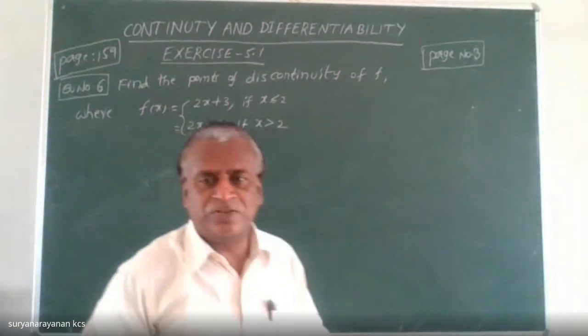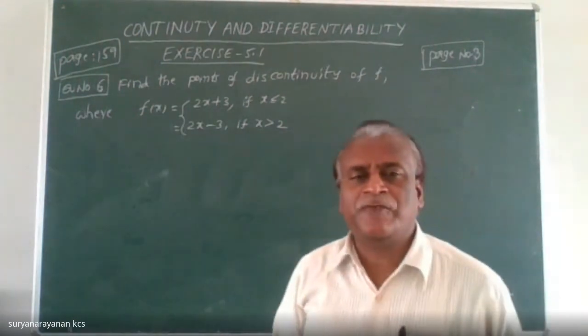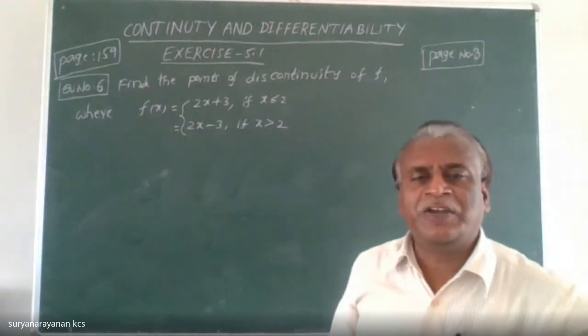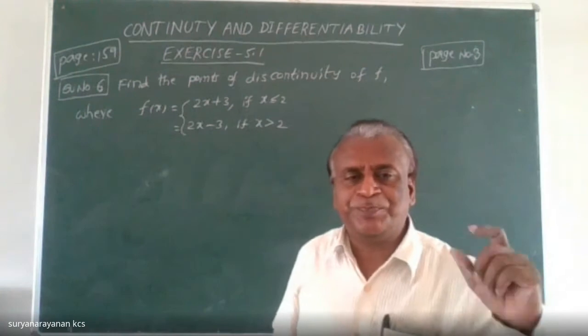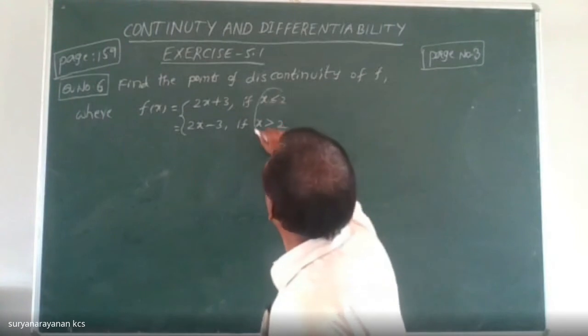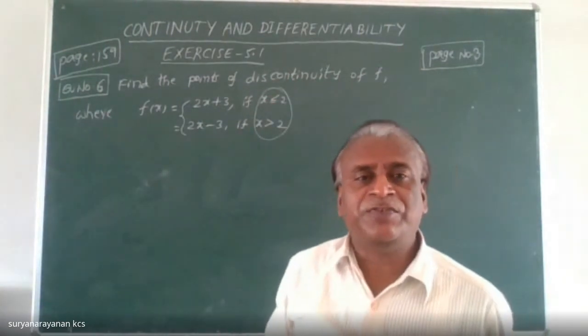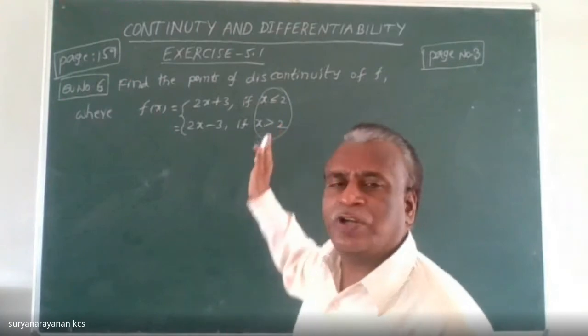Please observe this function carefully, my children. At which point is the function defined differently? At number 2. We have to verify the continuity of this function at this point only.